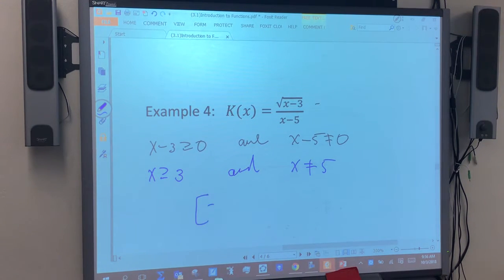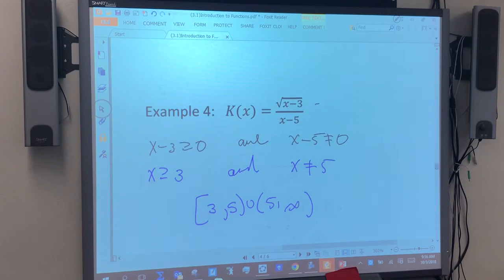So if x is greater than 3, doesn't it mean 3 up to infinity? But we have to make sure that thing gets kicked out. So we do it that way. That gives me 3 to infinity, but it removes that one problem of division, right? So in some of our functions, we get the issue where you have even roots and you have division by 0. You have to take care of both of them.